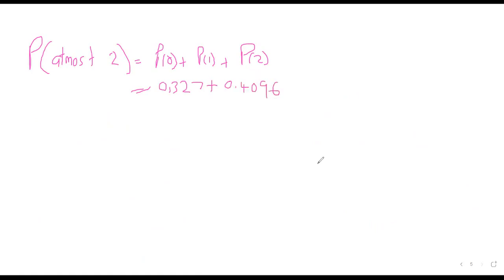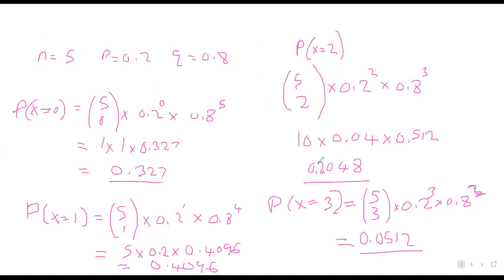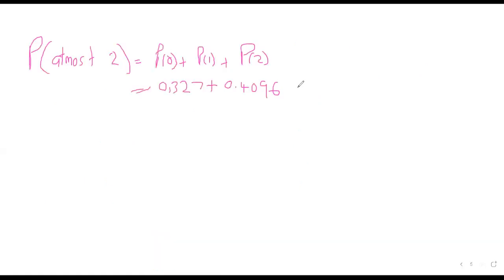And what was the probability of 2? 0.2048. What are you getting when you add all these? 0.9421.